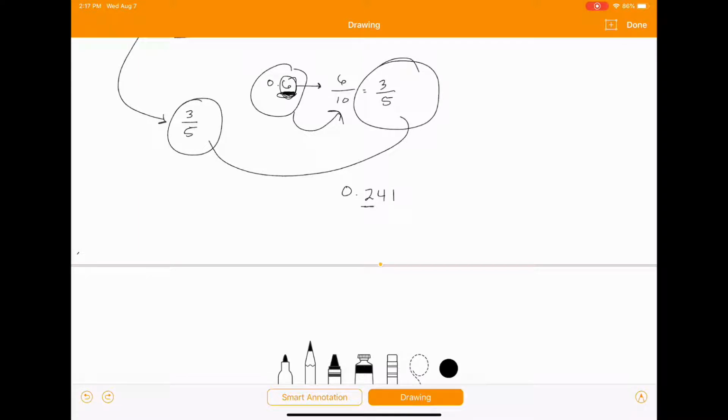This is going to be your tenths, hundredths, thousandths. So you're going to do 241 over 1,000 because this ends in the thousandths place. And then you could reduce that if you wanted to, or you can just use that as your equivalent fraction.